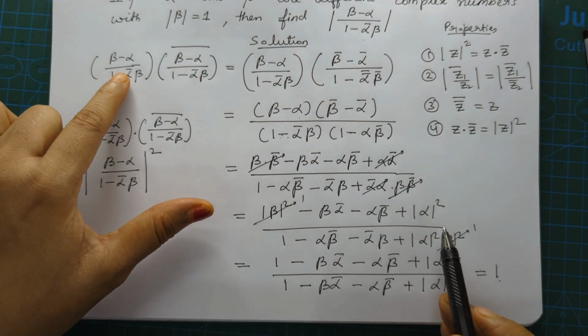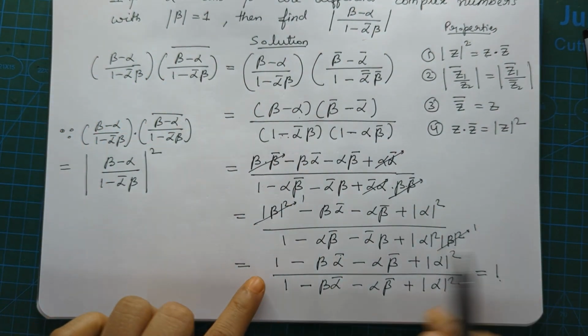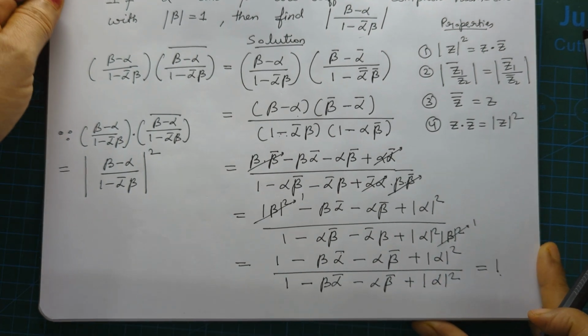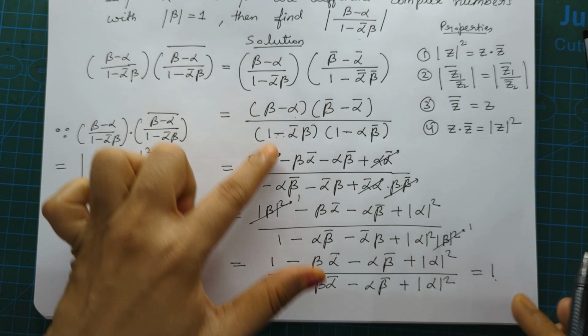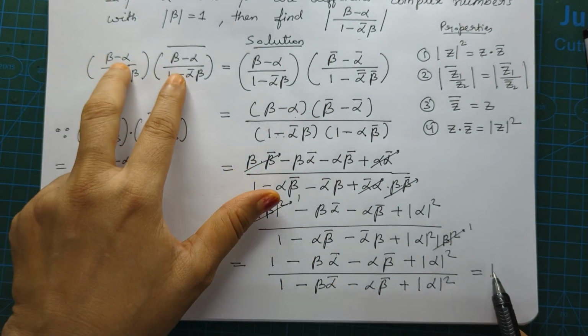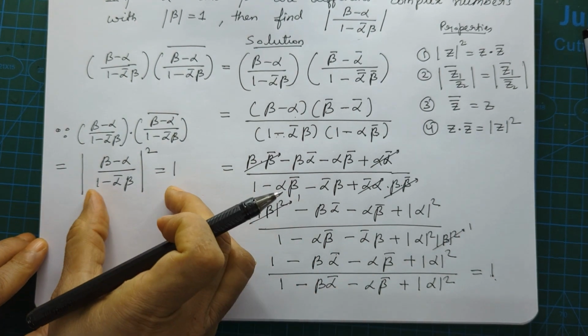If this part of the video was not visible when I was simplifying, now you have the steps to see. It turned out to be 1. So the product is actually this formula and the product value is 1. So now these two are equal.